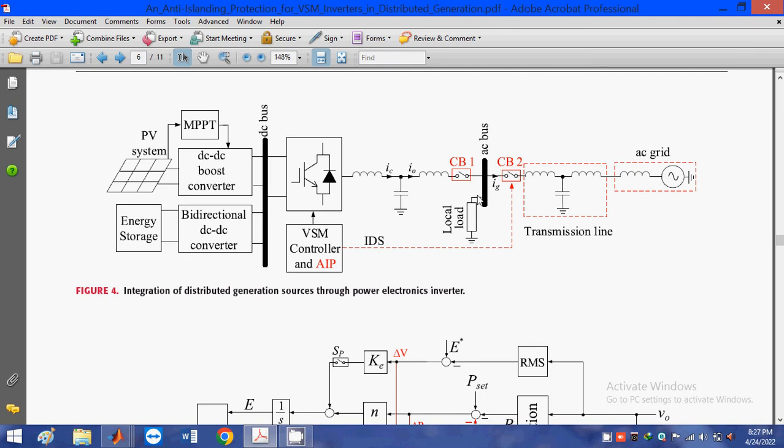At that needy time interval, the energy stored in the batteries is delivered to the loads. And the battery absorbs power from these terminals whenever the PV panel has a high amount of power.